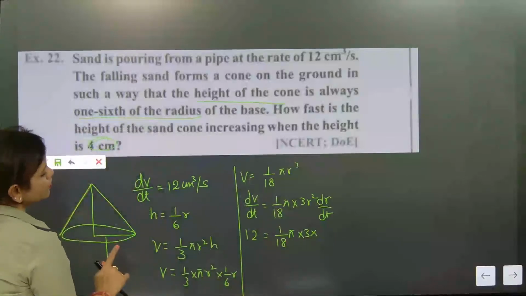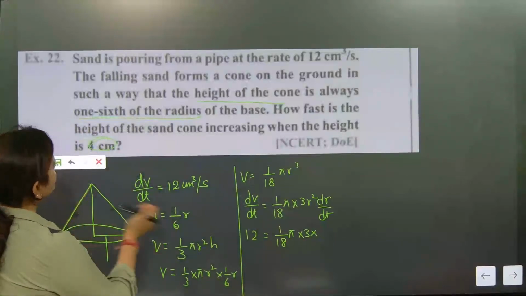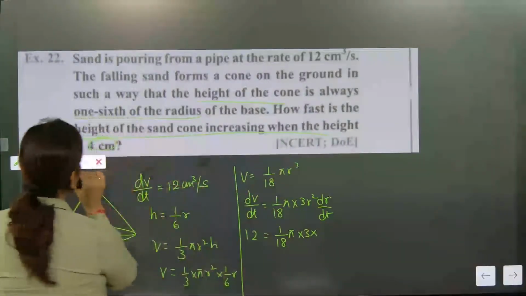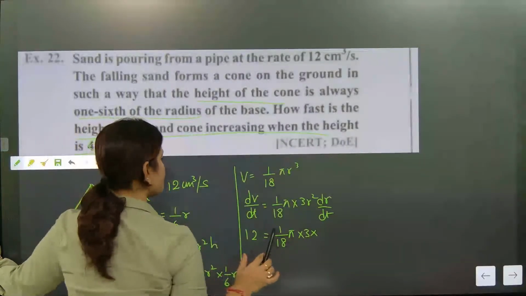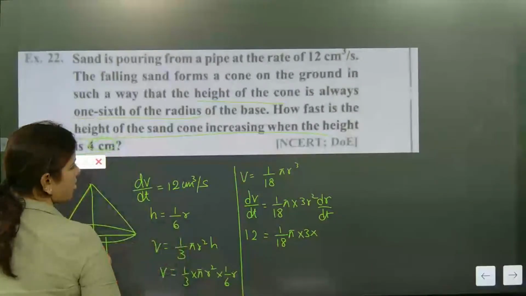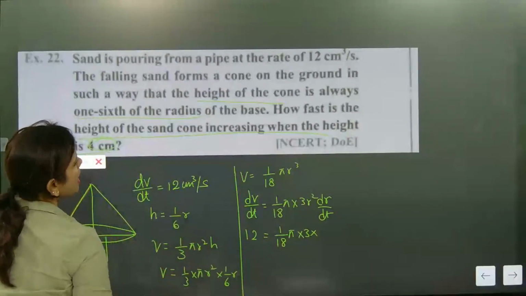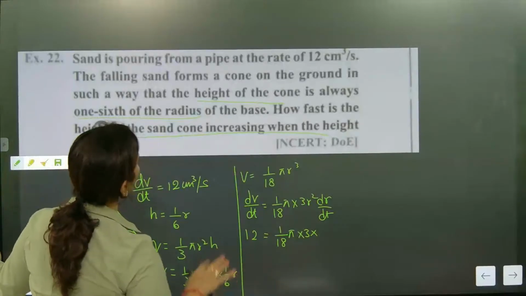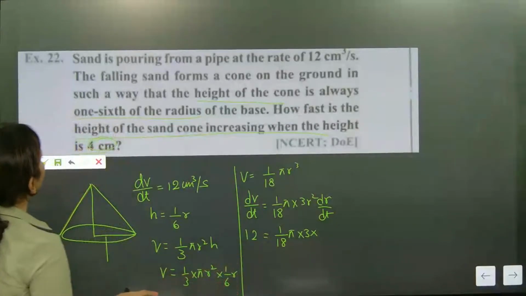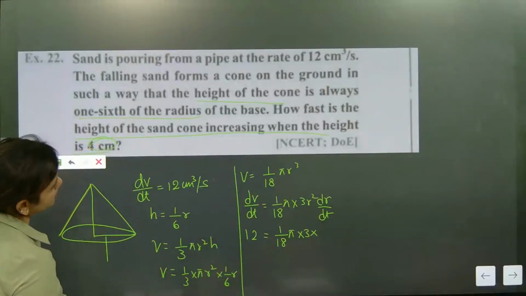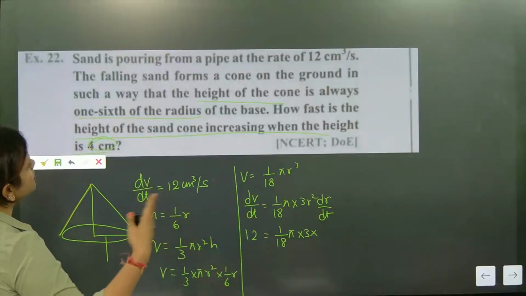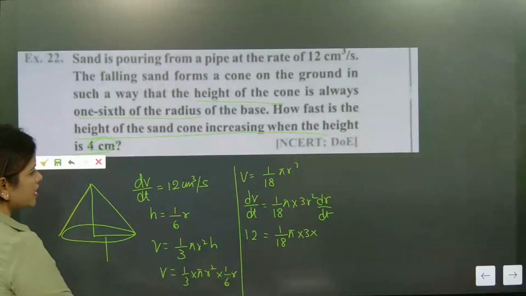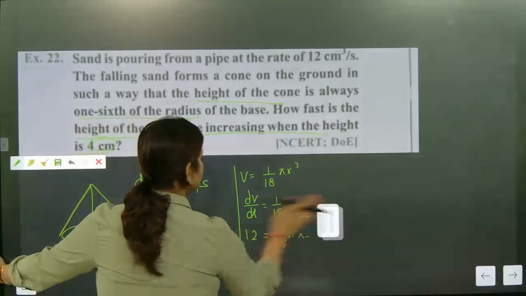I should be removing radius and putting height, because they asked how fast is the height of the sand cone increasing. Wait, sand is falling at a rate of this much, and the falling sand forms a cone such that the height is always 1/6 of the radius of the base. How fast is the height of the sand cone increasing? Miss, dh by dt they are asking. They are not asking dr by dt. So why am I wasting my time?